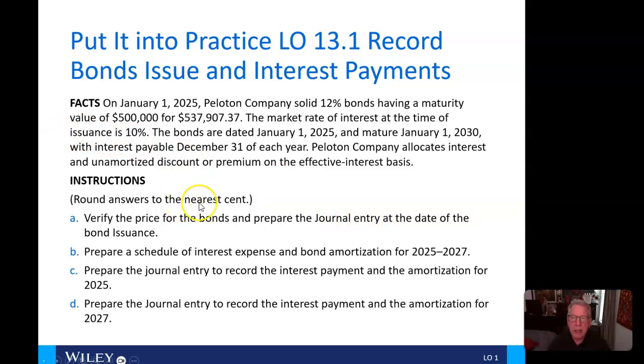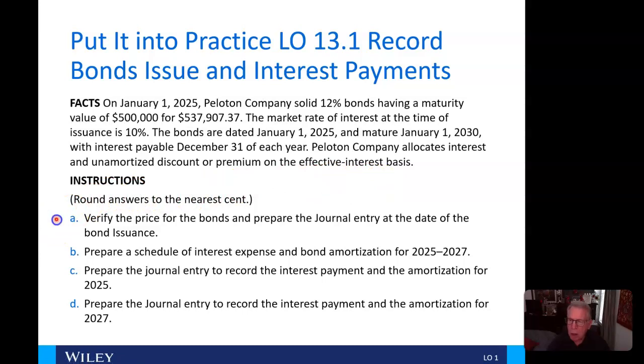So the bonds are dated January 1, 2025 and mature January 1, 2030, that's going to be 5 years, and the interest is payable annually on December 31st of each year. Peloton allocates interest and unamortized discount or premium on an effective interest basis.